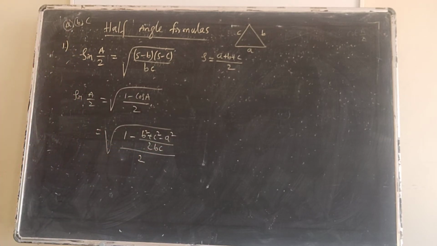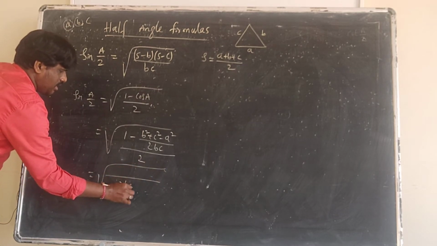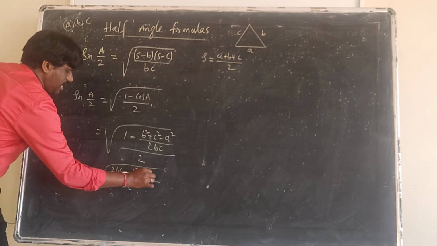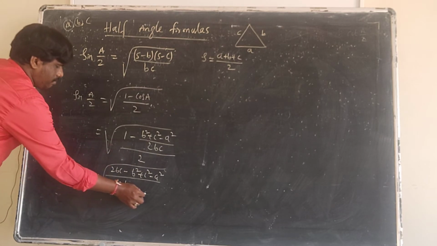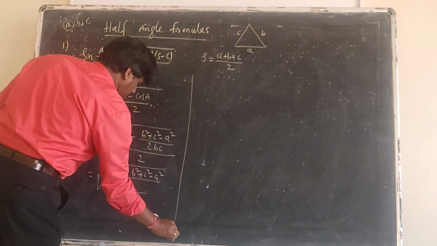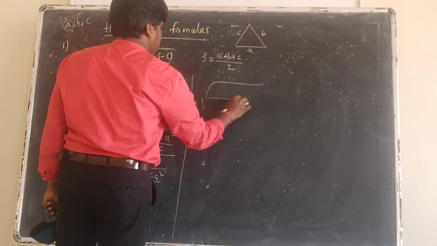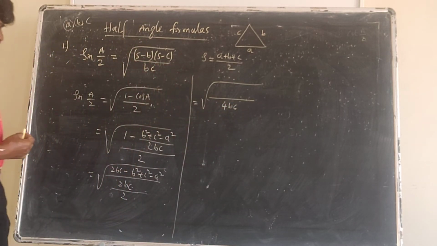If I take the LCM 2BC, I am going to get 2BC minus B square plus C square minus A square, divided by 2. So on simplification, under a square root of, I get 4BC.